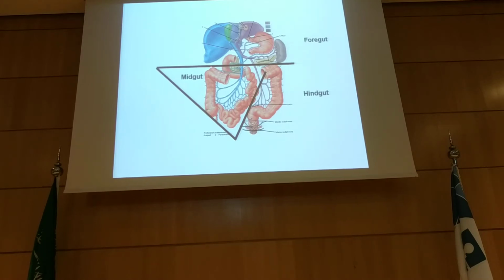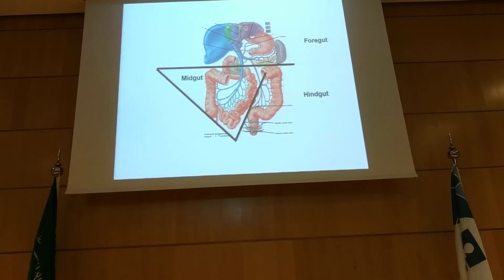Now remember, during embryonic development, we have foregut, midgut, and hindgut. Foregut, and you need to remember this, is basically the lower part of the esophagus, the stomach, and upper half of the duodenum.